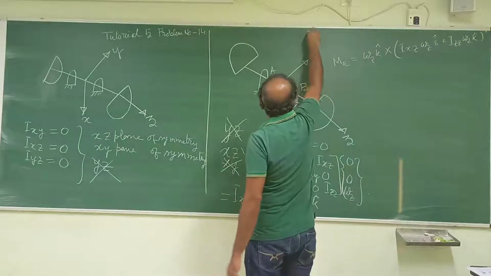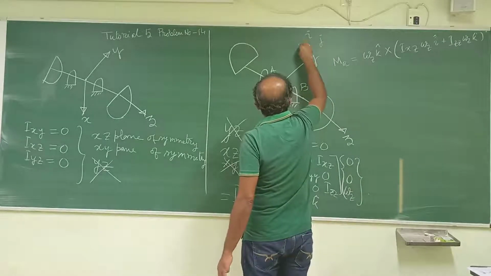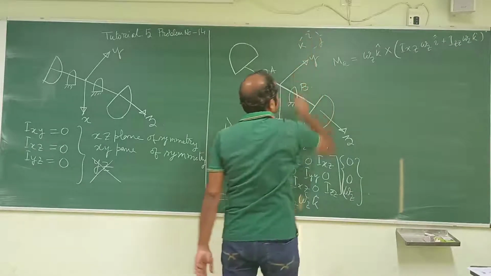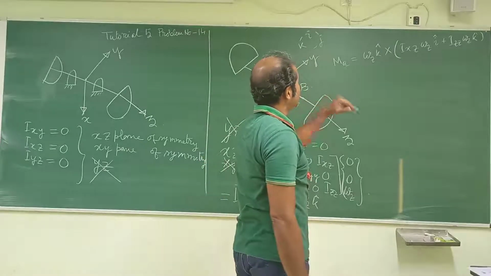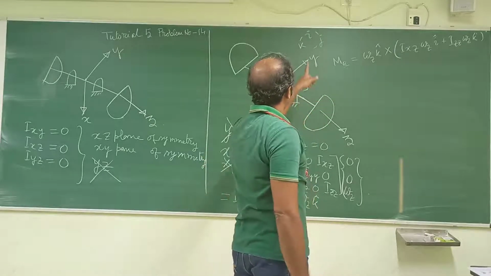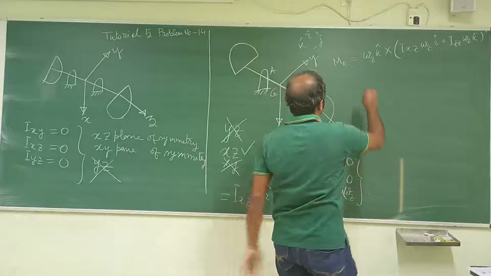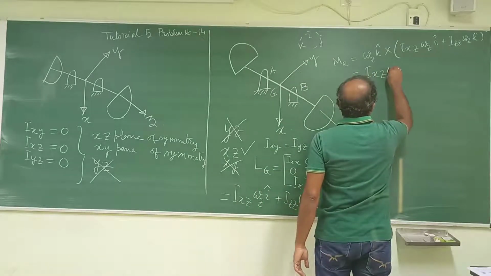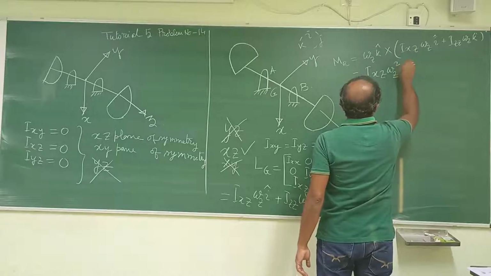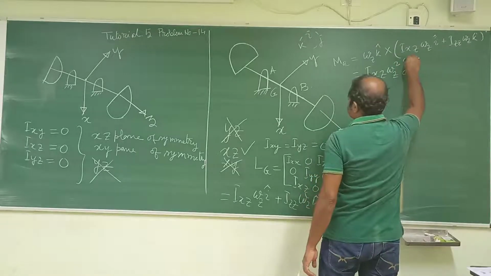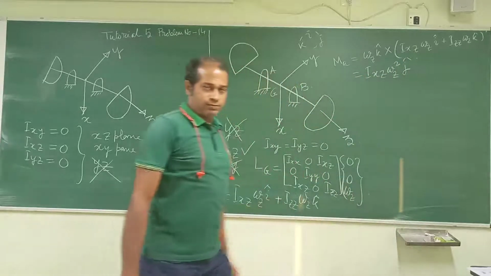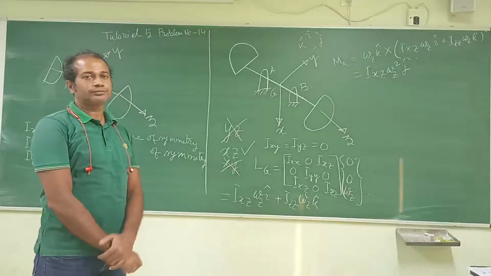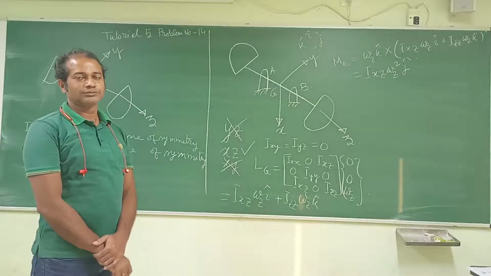So let's say i, j, k. So this k is going to be cancelled, k cross i gives j. So it is going to be Ixz omega z square j cap. That's all.